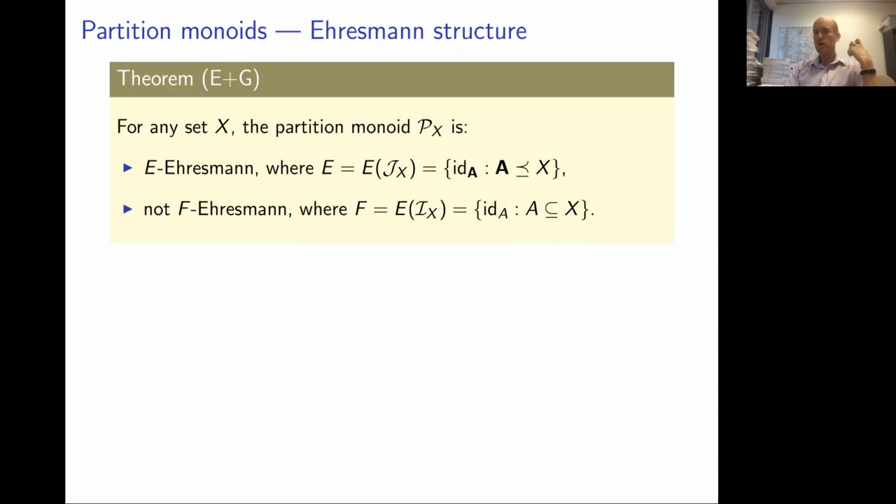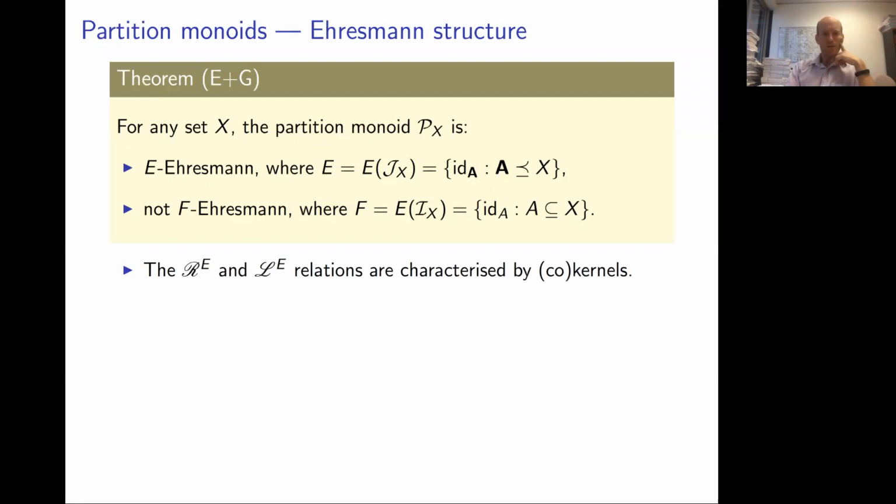It would have been nice if we got one for both, then we'd have a dual approach, but maybe it's even more intriguing that only one of these works. The proof of this involves, of course, learning about these R^E, L^E relations determined by kernels and cokernels, which is basically the domain and codomain partitions.